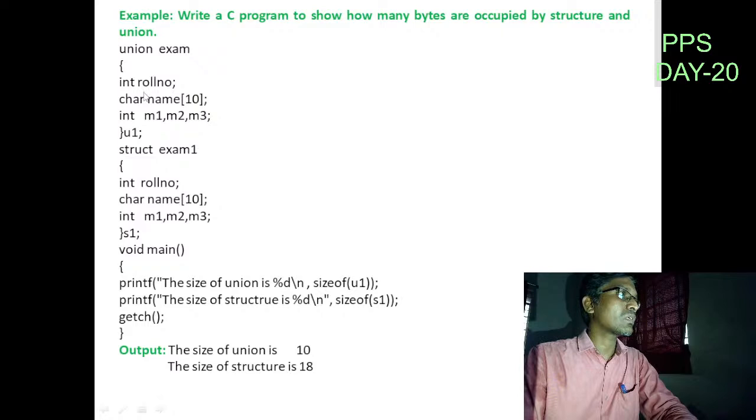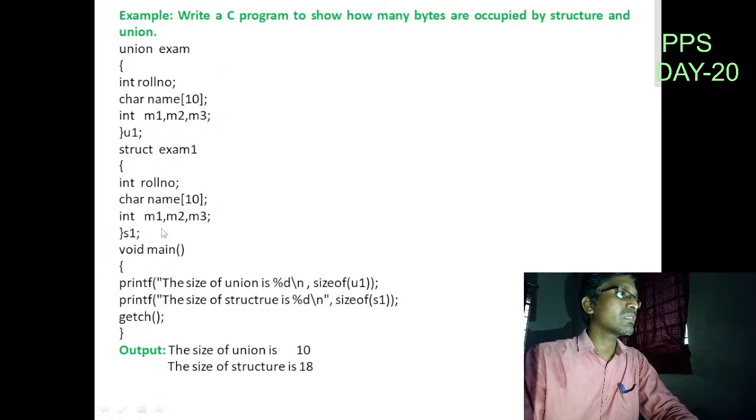I'm going to find out how many bytes the union is going to occupy and how many bytes the structure is going to occupy. For that, in C language you have a keyword for finding the number of bytes of a structure or a union. You have to use the sizeof keyword. By using the sizeof keyword, you can know how many bytes the union and the structure are going to occupy.